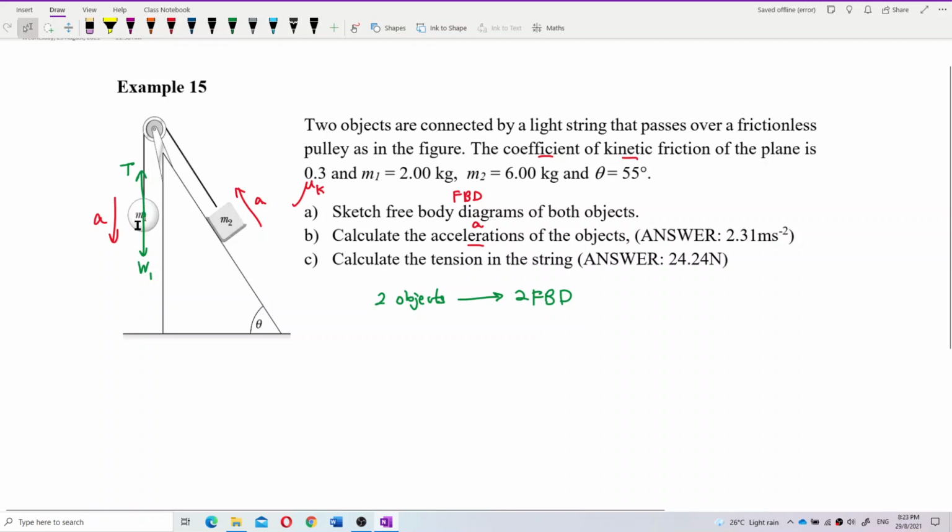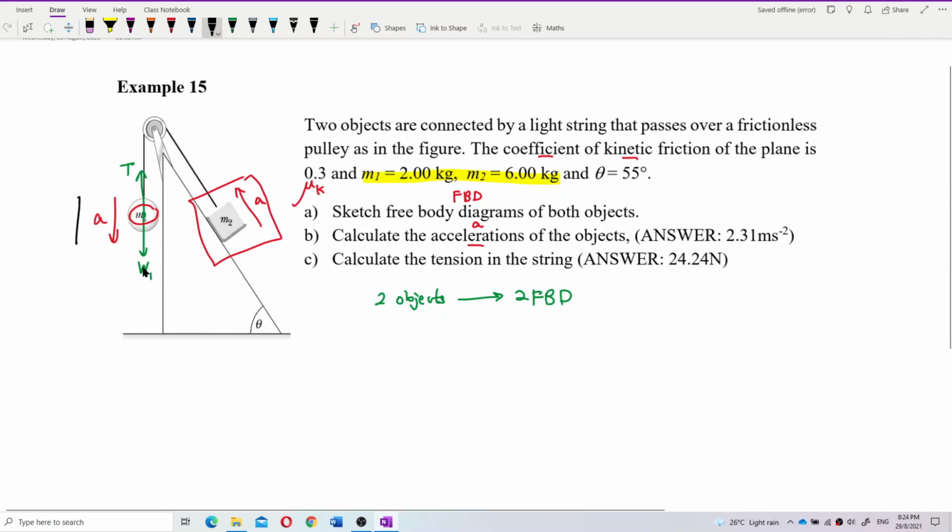So you think this is heavier and mass 2 is lighter, but do you see the mass? Actually, mass 1 is a small mass. We can imagine this is just a very small mass, but mass 2 is actually a big mass. So which direction should it fall? Maybe it falls in the opposite direction, not the way you think.